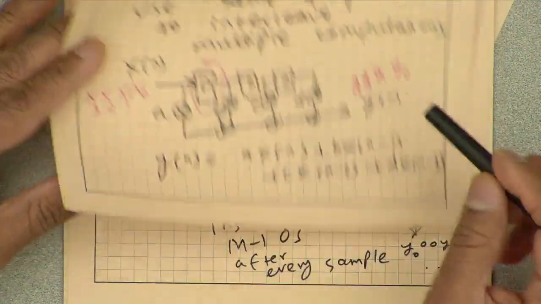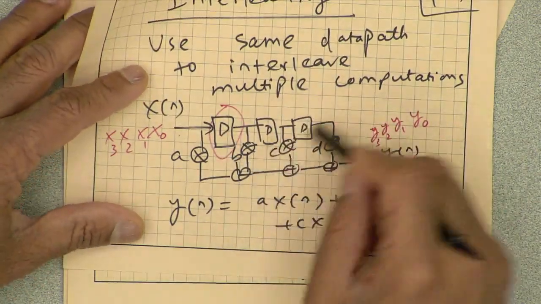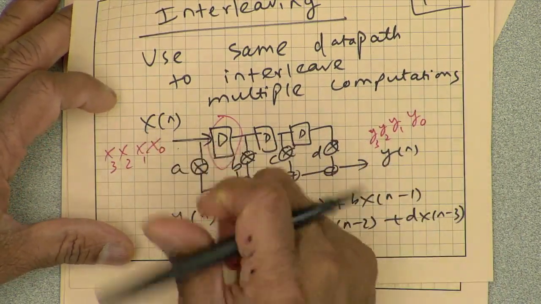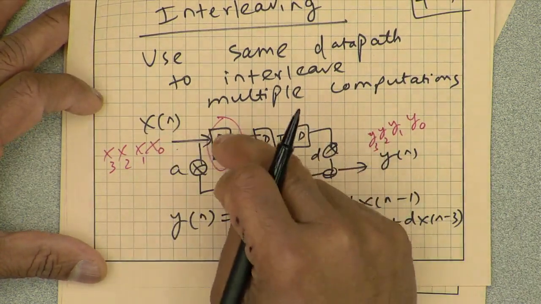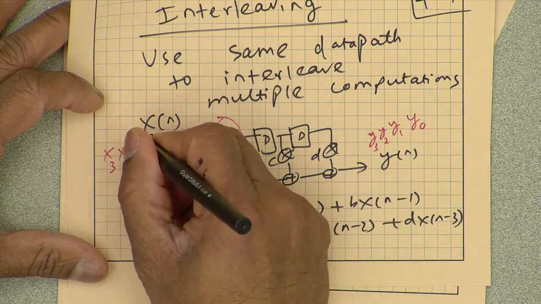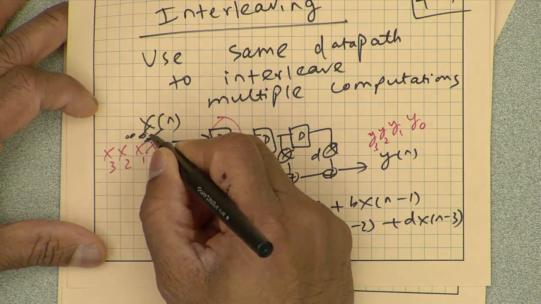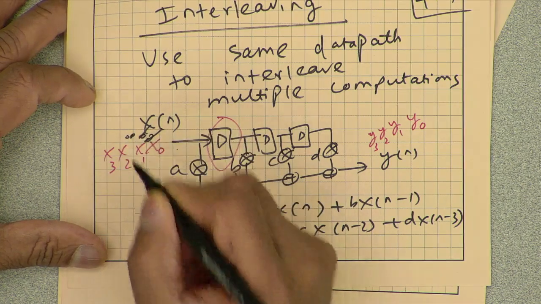And when I say H(z to the power M), replace each and every delay by M delays. That's what we did. This would be perfectly fine if I had replaced this by 3 delays and then x0, 0, 0, x1, 0, 0. But the idea of interleaving, instead of having these null operations, is to replace them by x0 prime, x0 double prime, x1 prime, x1 double prime.